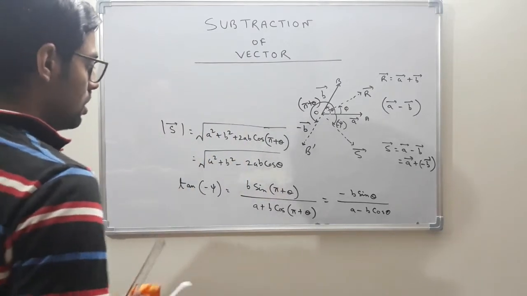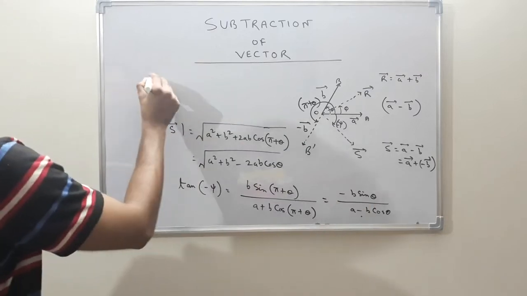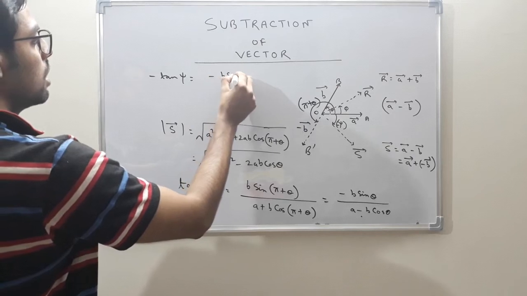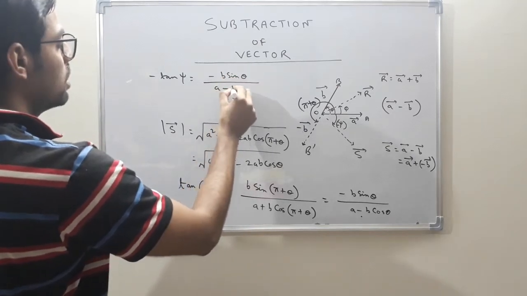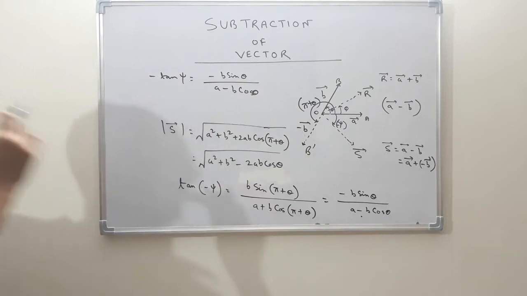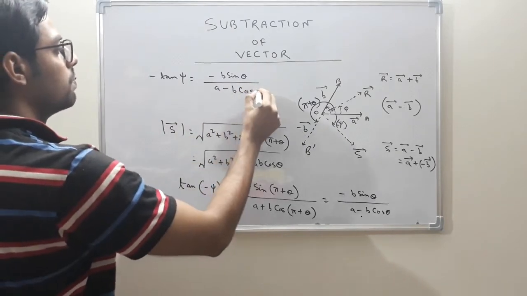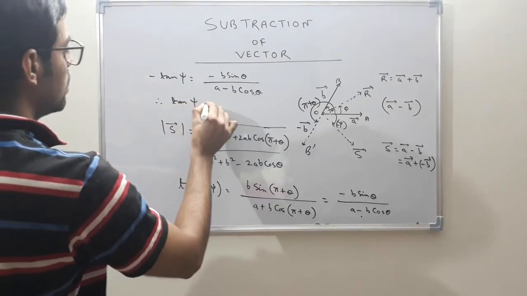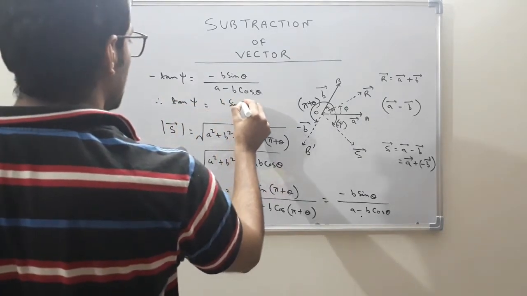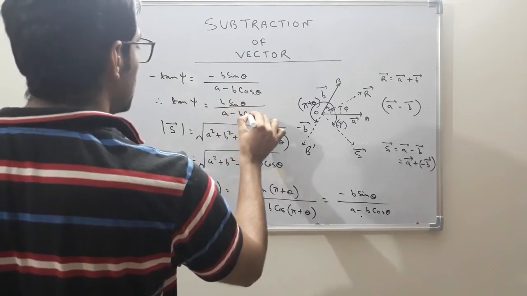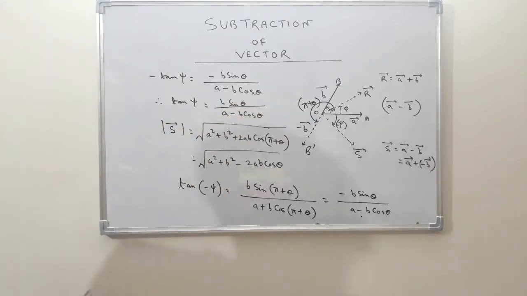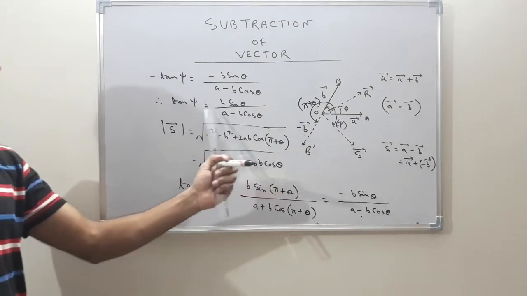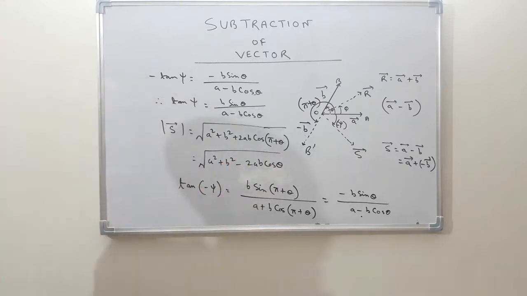Therefore, minus tan psi equal to minus B sin theta by A minus B cos theta. You can write it down. Therefore, tan psi equal to B sin theta by A minus B cos theta. So we have deduced the orientation of the S vector with respect to the A vector, and it is given by tan psi equal to B sin theta by A minus B cos theta.